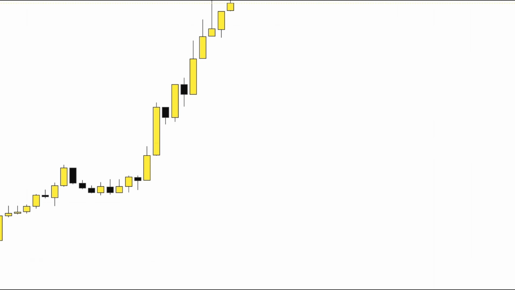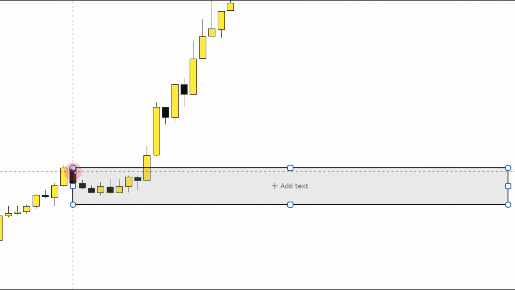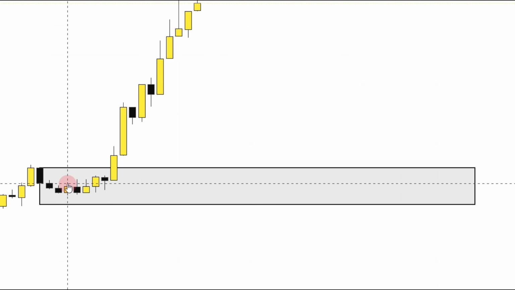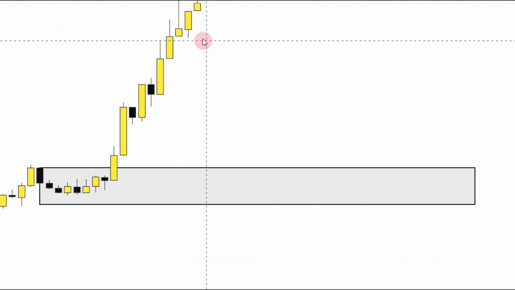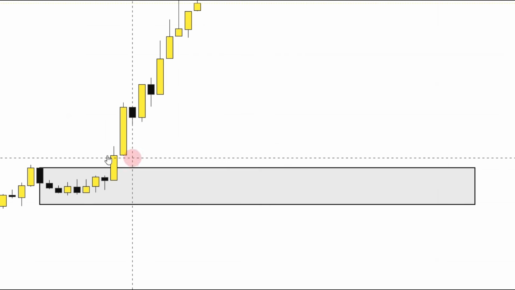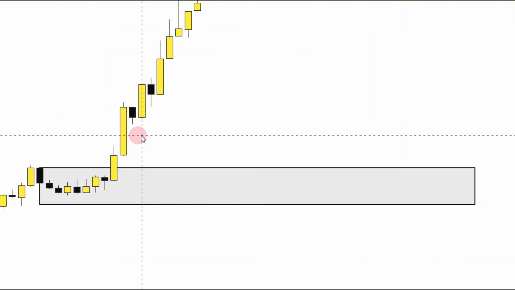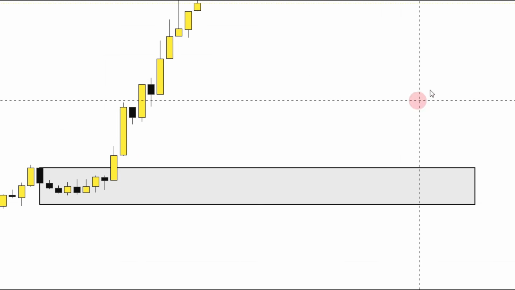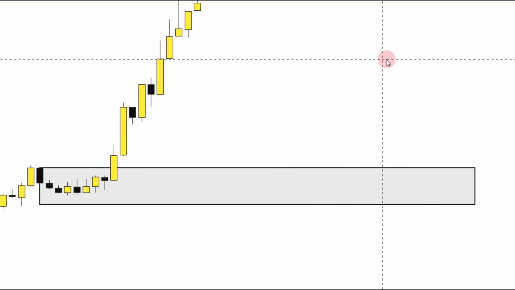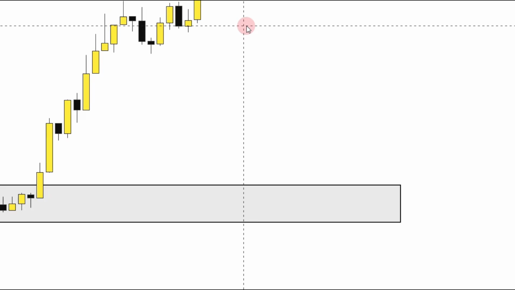As I told you in the first example, you mark this as a demand zone. After marking this demand zone, we believe that the market has to move back to fill these imbalances, these fair value gaps, these inefficiency zones, before it can move to the upside. So let us play price and see what happened.